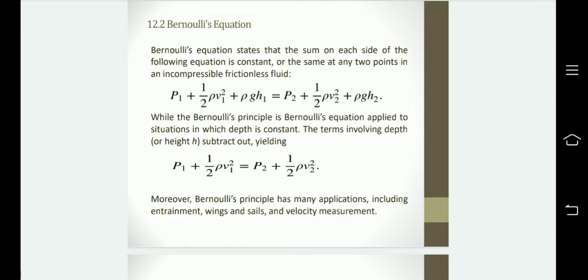Subscripts 1 and 2 refer to any two points along the path that the bit of fluid follows. So Bernoulli's equation becomes P sub 1 plus 1/2 ρv² sub 1 plus ρgh sub 1 is equal to P sub 2 plus 1/2 ρv² sub 2 plus ρgh sub 2.